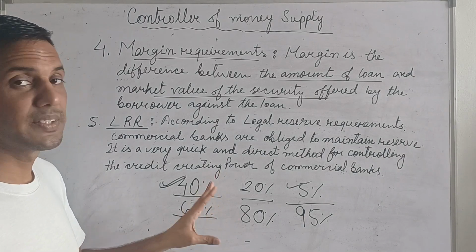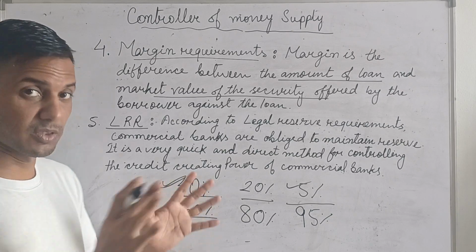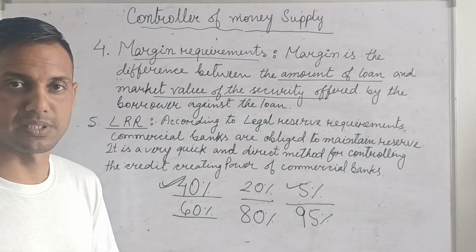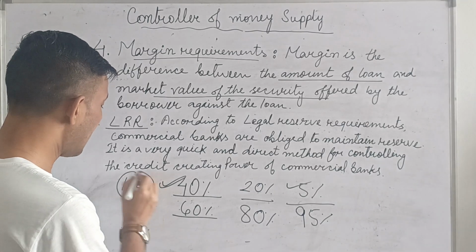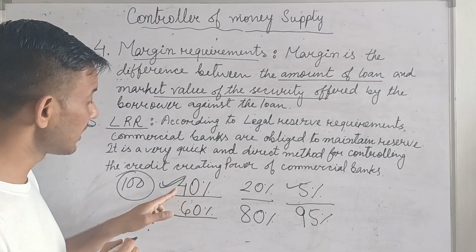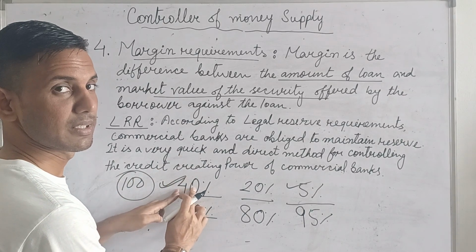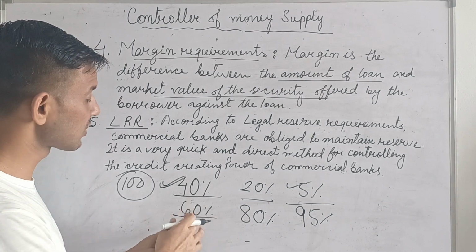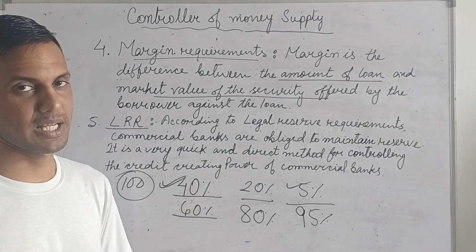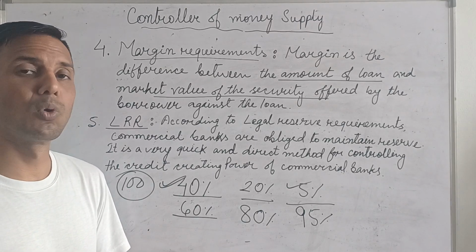It's very easy to understand. Suppose your property's document value is 100%. When commercial banks have to keep 40% as a margin requirement, what is the left amount? 60%. So now you will get only 60% as a loan. This is a loss for you, so you will not take more loans from the bank.